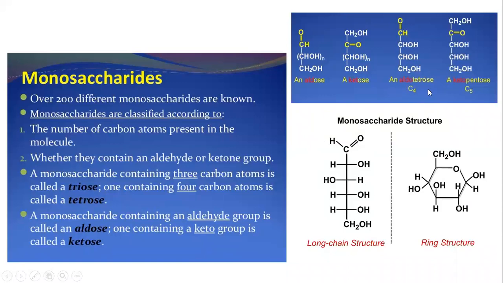Here 4 carbon atoms are present, so this is tetrose, and the aldehyde group is here, so it is known as aldotetrose. Similarly, this is aldotriose, this is ketotetrose and ketopentose, because there is a keto group present, and the number of carbons here is 5, and here it is 4. So this is the slide where I have described the monosaccharide classification.